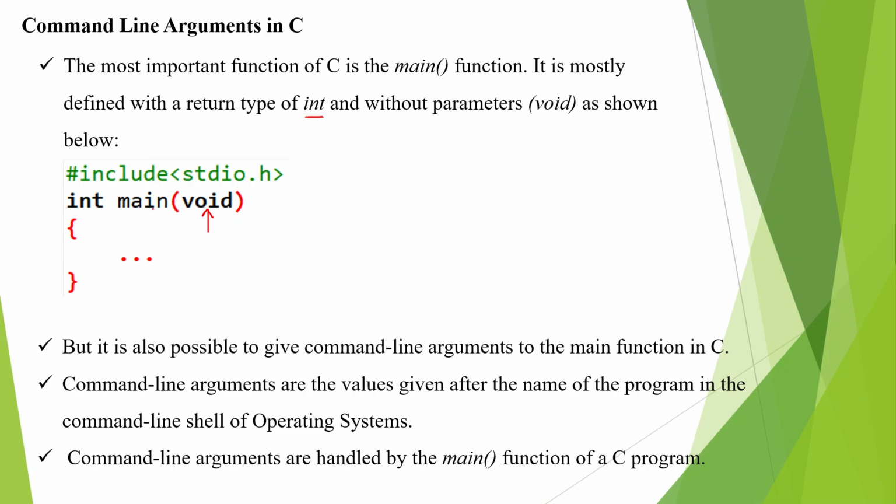The important thing to notice here is the parameter list associated with main. As we said, the main function will not hold any parameters, so we made the parameter list void.